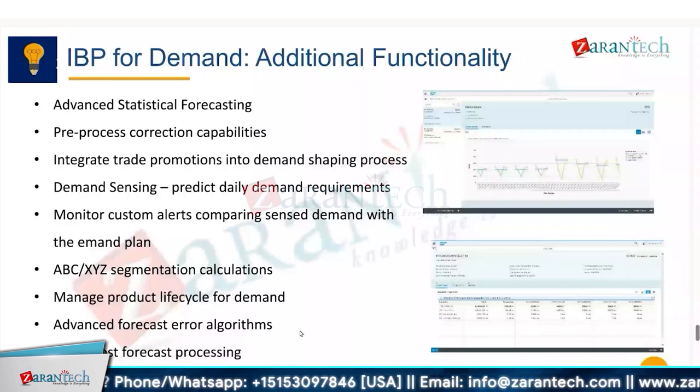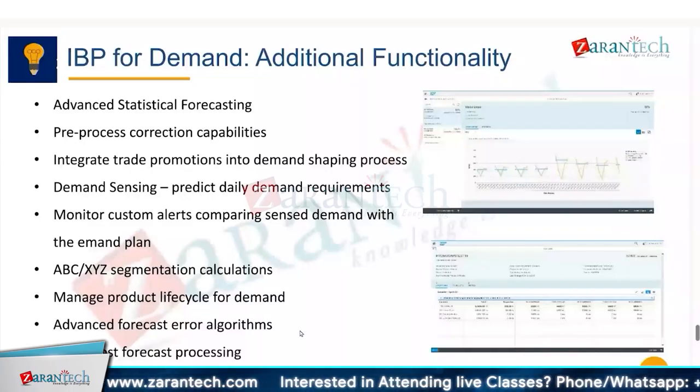This is the functionality which gives you alerts that something is going wrong, so we have to fix something in the process so that the output is fixed. That is called the pre-process correction capability. So you have to do the correction in the process before it actually gets triggered.